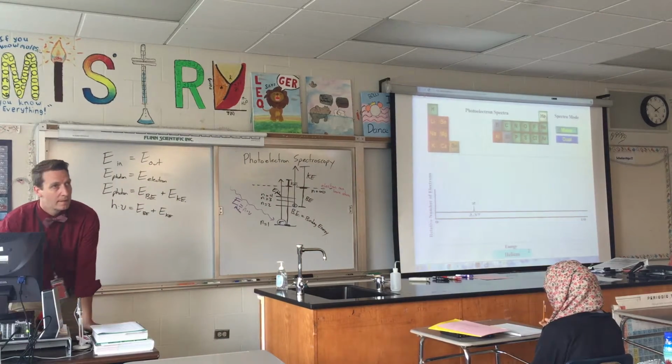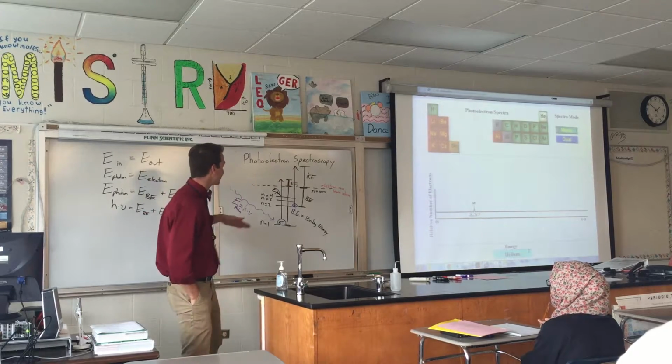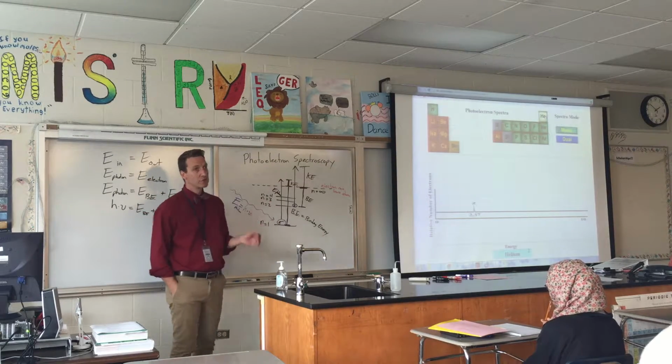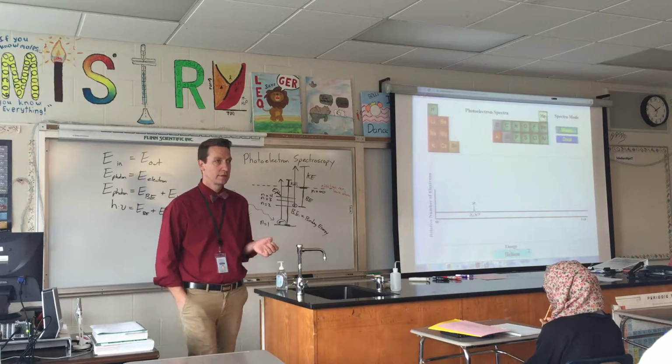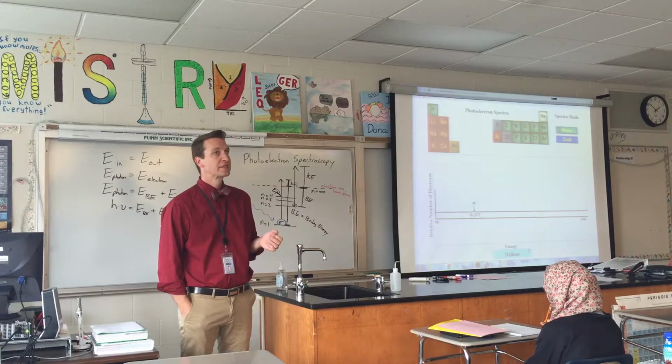What do you mean when you say the electrons have the same amount of energy? It takes the exact same amount of energy to remove both the electrons in helium. When we looked at ionization energy, that wasn't true. It took more to remove the second one than it did the first one.